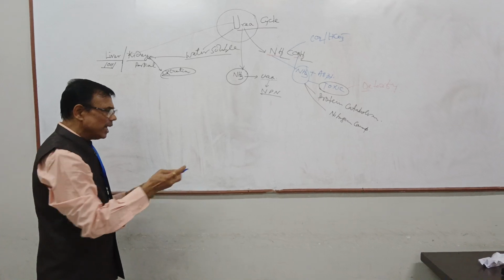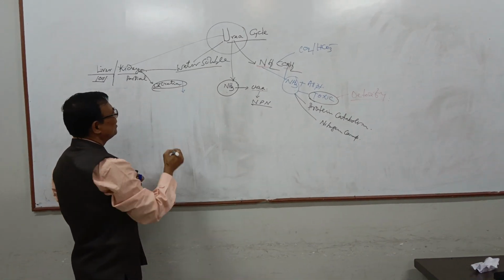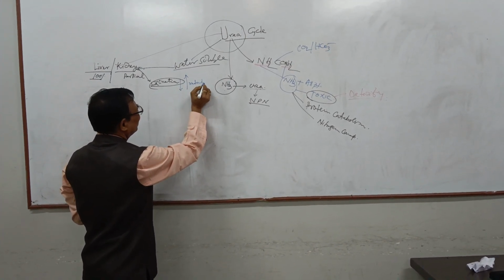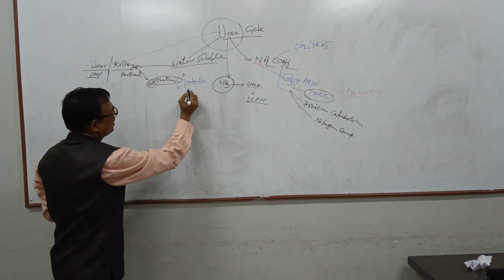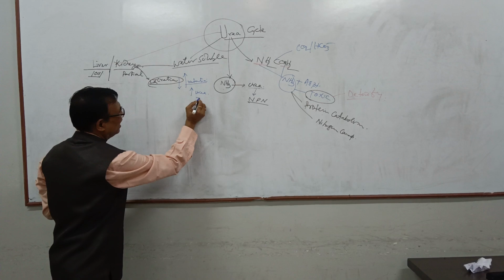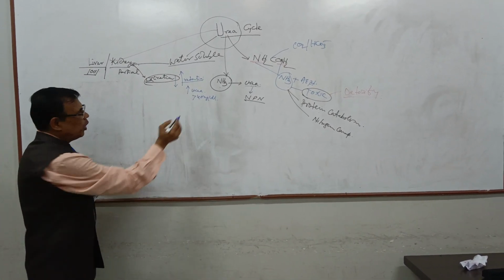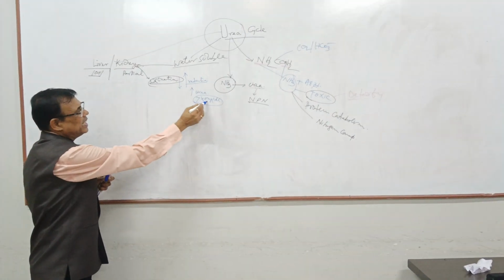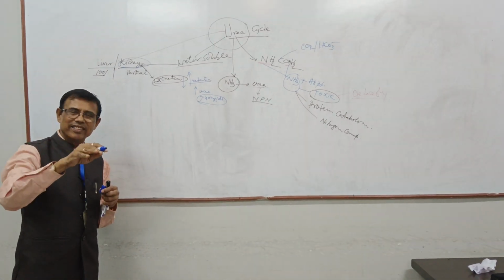When excretion is decreased, retention is increased, and the level of urea rises, greater than 40 milligram per deciliter. So when the level is increased in blood, it indicates that the excretory function of the kidney is decreasing. We will discuss that later.